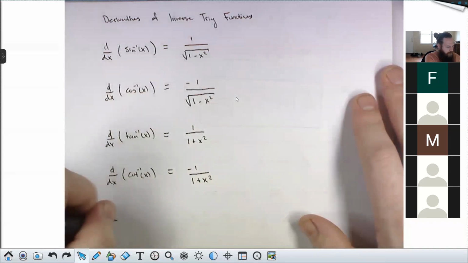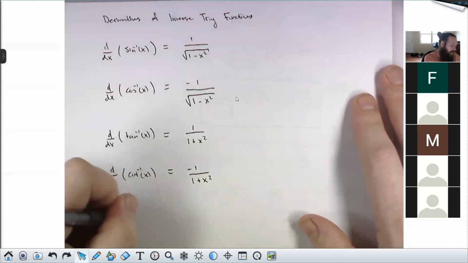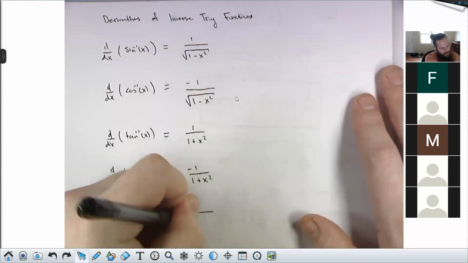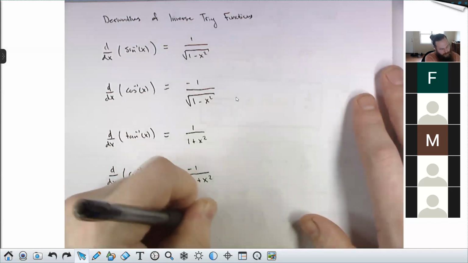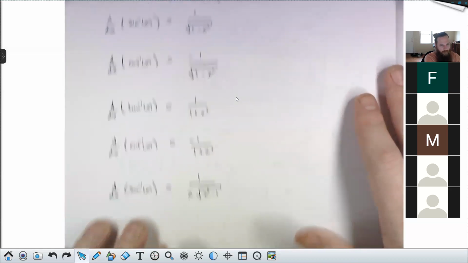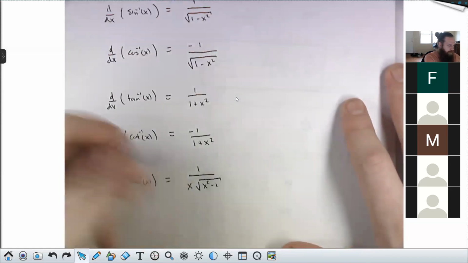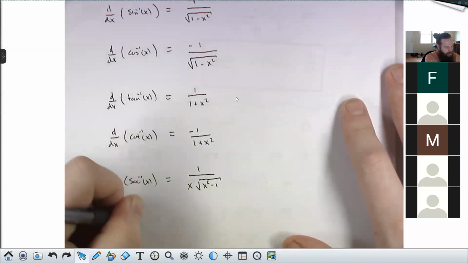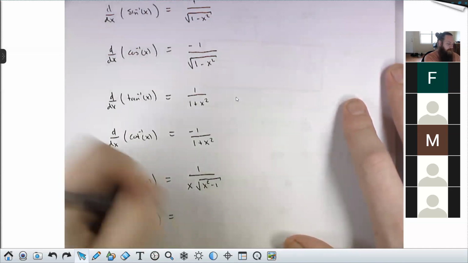And the derivative of the inverse secant function is 1 over x times the square root of x squared minus 1. Really, this x should be in absolute values, but we won't worry too much about that. And the derivative of the inverse cosecant function is the negative of this.